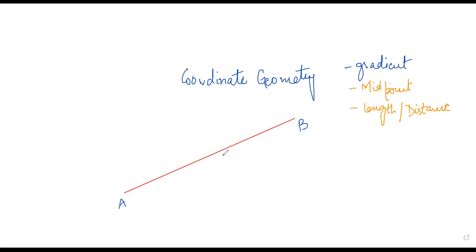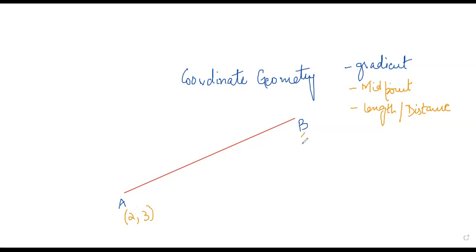When a line is plotted on a graph, obviously a graph has a y-axis and an x-axis. If I say the coordinates of A are 2, 3, what is 2? 2 is x. Y is 3.